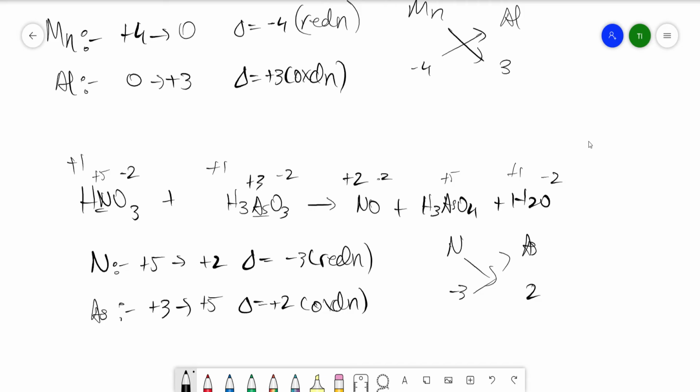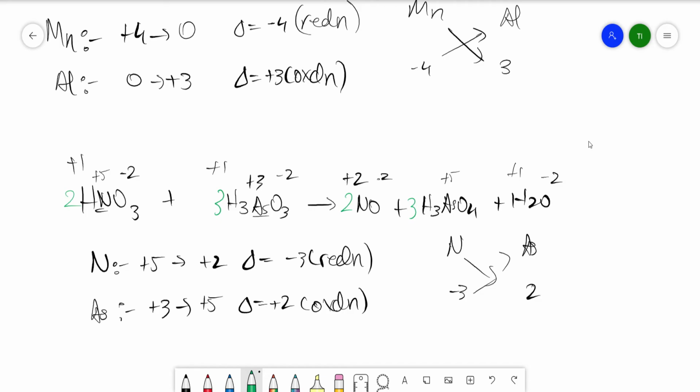So As would be by 2, right? No, wait, my mistake. As would be by 3, and nitrogen would be by 2, right? So that balances this out, right? So 2, 3, have to do no additional balancing.